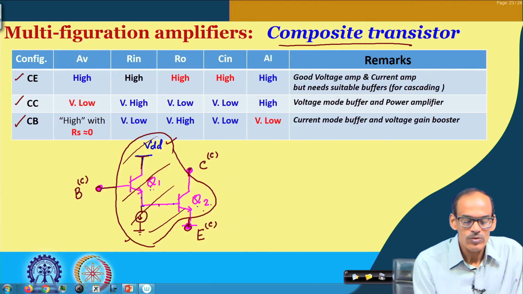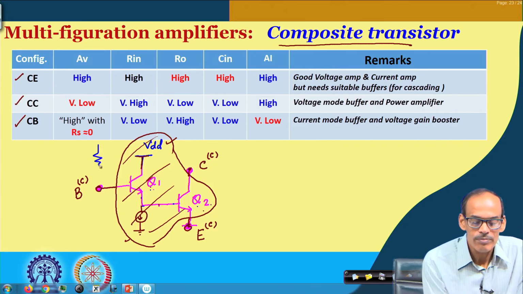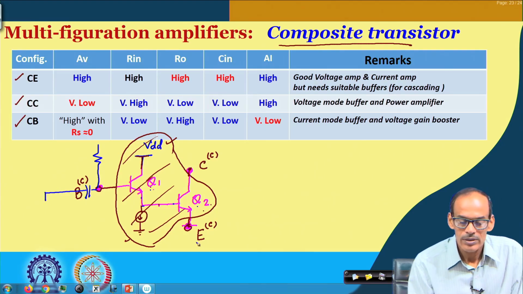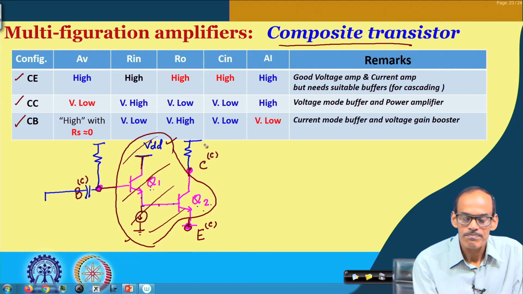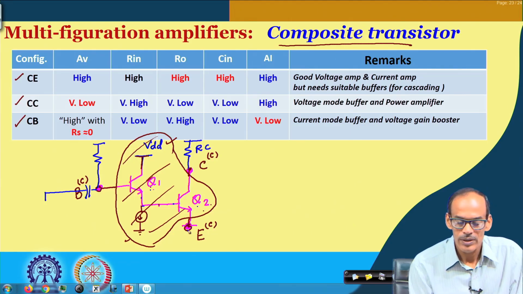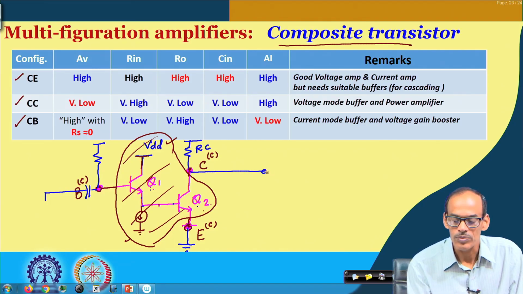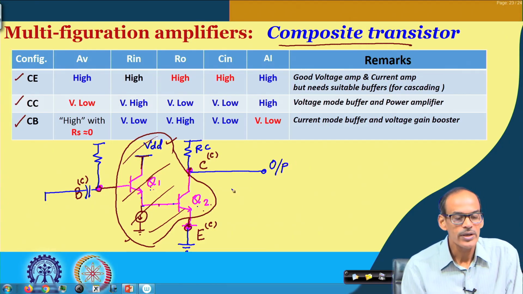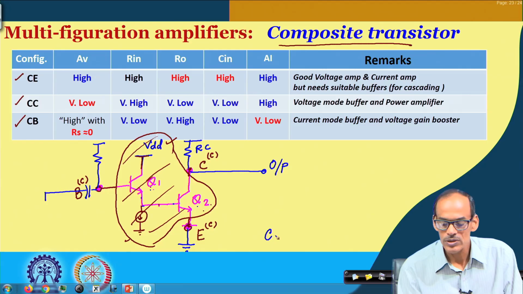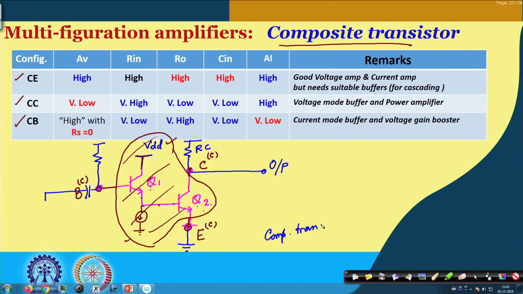For CE configuration, I need to put a bias here, put the signal here, and put some bias circuit here through RC, and the emitter we can connect to ground, and we call this the output node. So, what we have done here is the composite transistor in CE configuration.